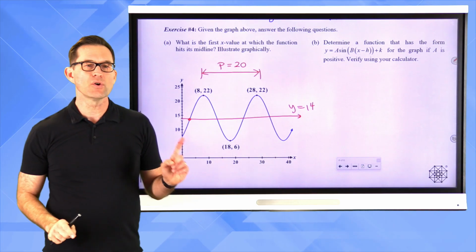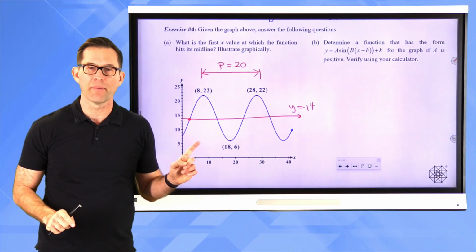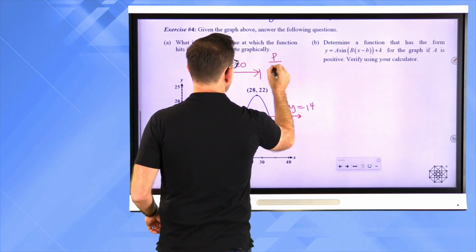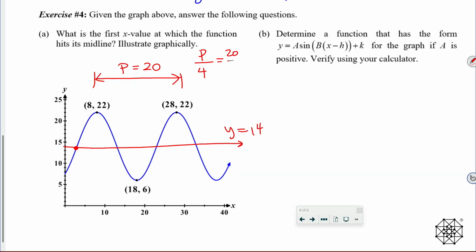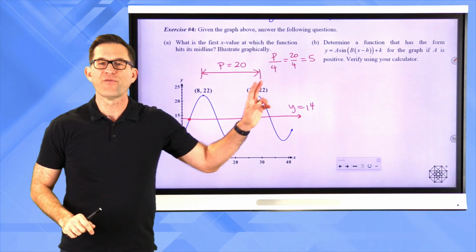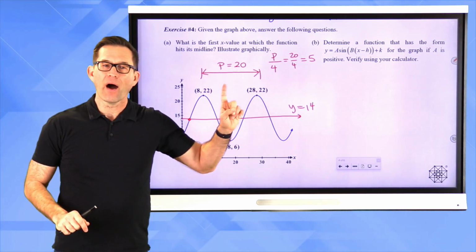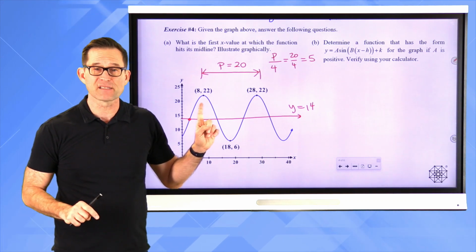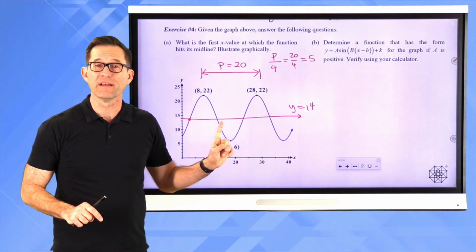Now, I don't care so much about the period. What I care about is the period divided by 4. So if I take the period and I divide it by 4, 20 divided by 4, I get 5. Now, why is 5 so important? 5 is the horizontal distance that's going to separate the maximum from where it hits the midline.